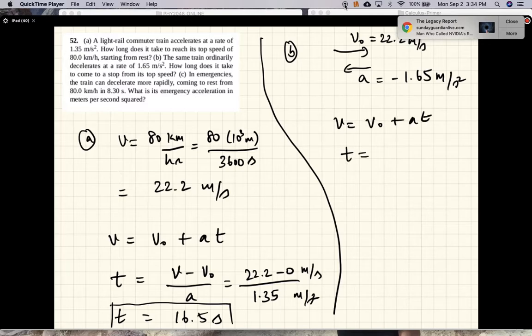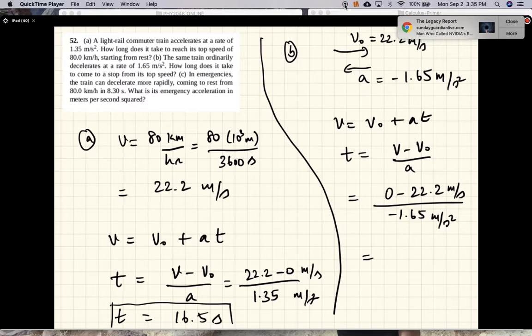T is V minus V0 divided by A. Now the final velocity, you want the train to come to a stop, so that's 0. 0 minus 22.2 meters per second divided by negative 1.65 meters per second squared. And this works out to 13.45 seconds.